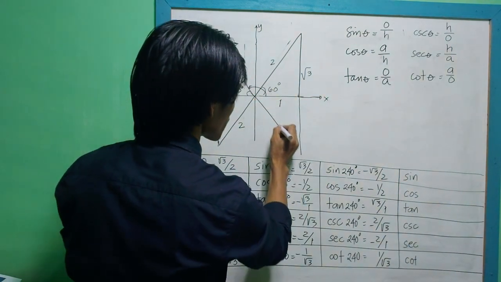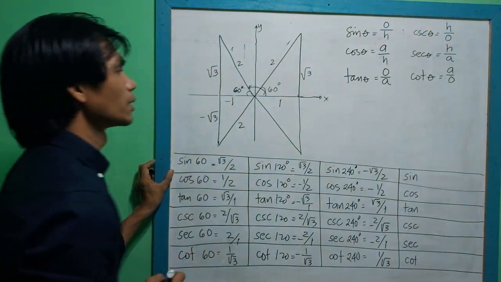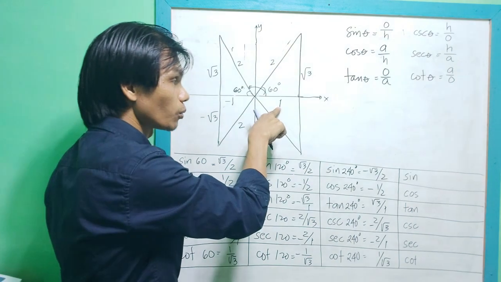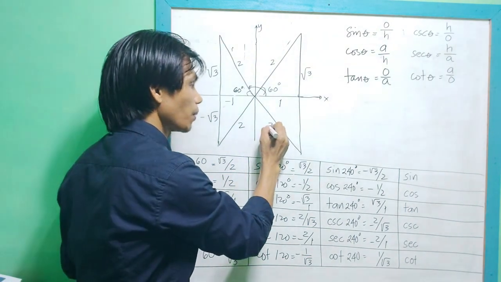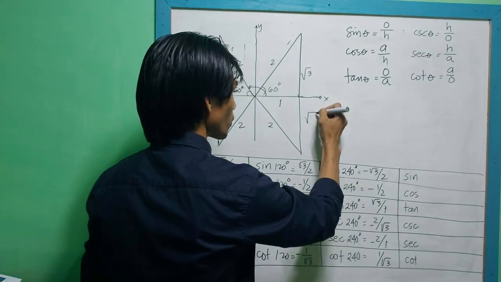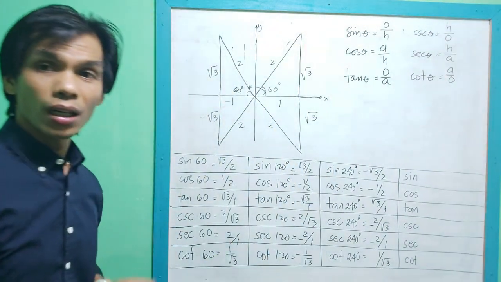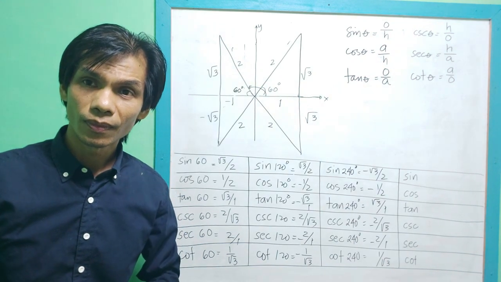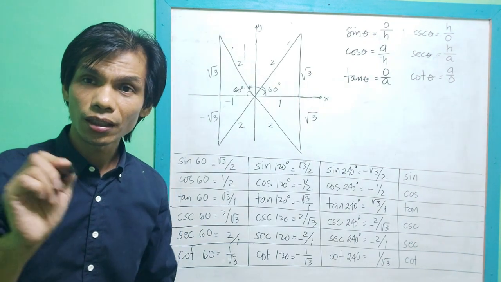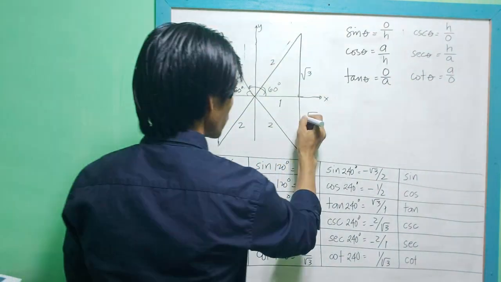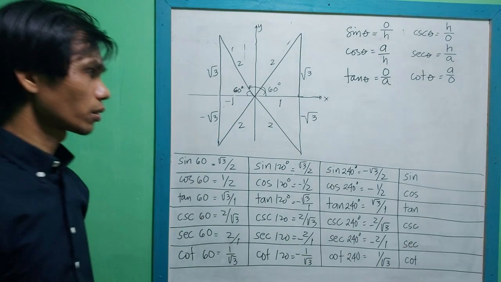Another 60 degrees. Yan. Okay? Ulit, ang pinakamaigsi ay 1, ang pinakamahaba ay 2, and then, this is square root of 3. Sa tingin ninyo, ano yung sign ng square root of 3? Correct, negative. Bakit? Nasa ilalim siya ng x-axis. So, meron tayong negative square root of 3 dyan.